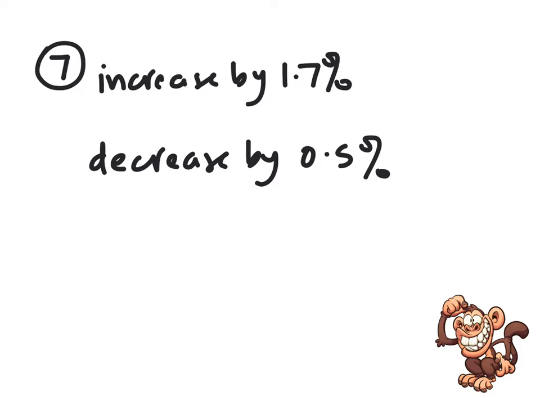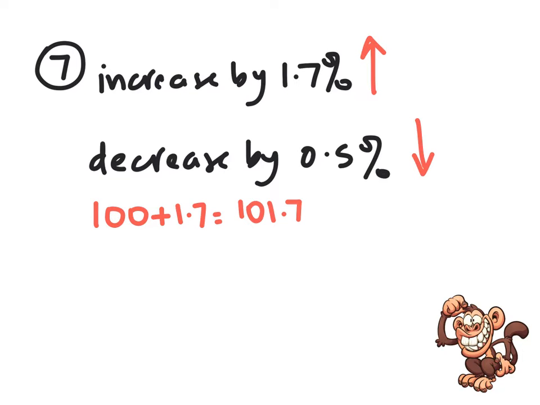Question 7 is very, very similar to question 6, but there's an extra bit at the end. House prices are appreciating by 1.7%, so they're going to go up. And then they go down, it depreciates by 0.5%. So, first of all, we need to do 100, add 1.7, 101.7%, turn that into a decimal.